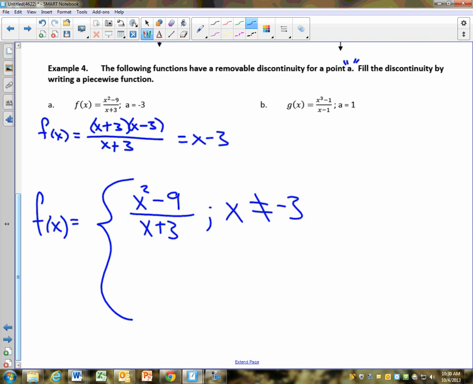So now we fill the discontinuity. Okay, so we already removed the discontinuity. Now we're going to fill it by setting what it should be when x is equal to 3. Let's see if you can figure it out. When x is 3, what should the function be equal to? 0.